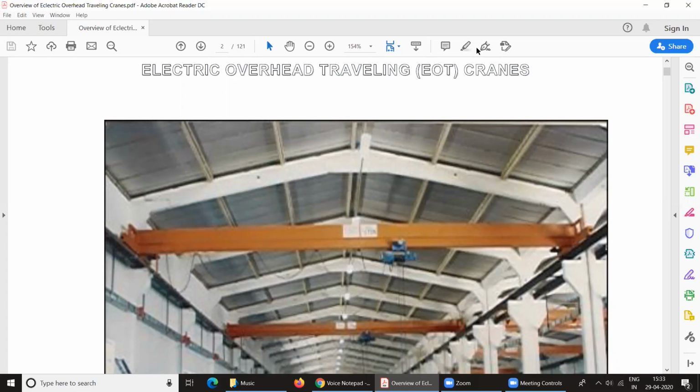A crane may be driven manually or by power and may be fixed or mobile.